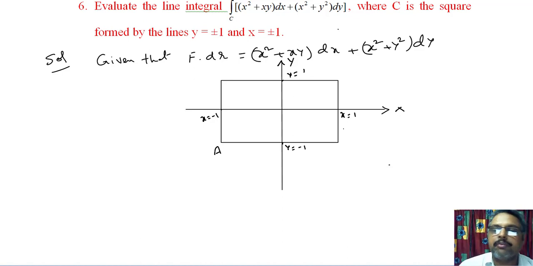This is the first point A, this is the second point B, then the third and fourth points. Here the x coordinate is -1 and the y coordinate is -1. Here it is (1, -1), here (1, 1), and D is x = -1, y = 1.